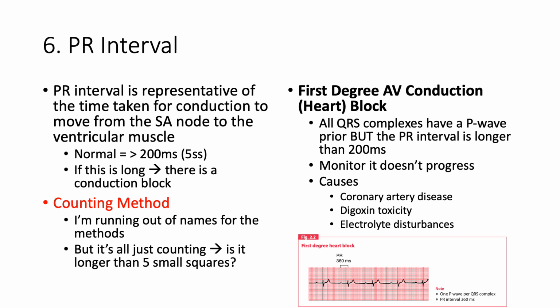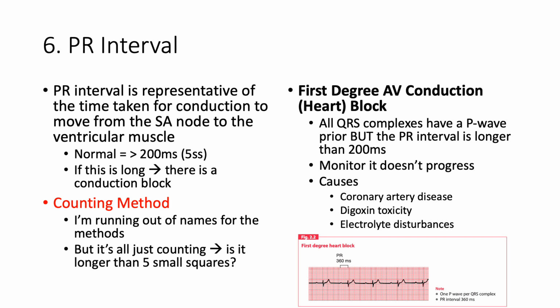3 to 5 is normal. I imagine if it's too short, that would be bad as well, but I don't know anything beyond that. So your first degree heart block is just a PR interval longer than the 5 small squares. So every QRS complex has a P wave before it, but the PR interval is just a little bit longer.